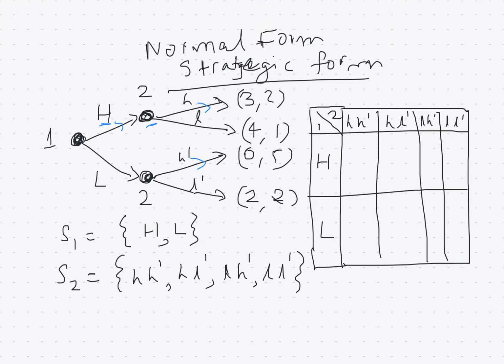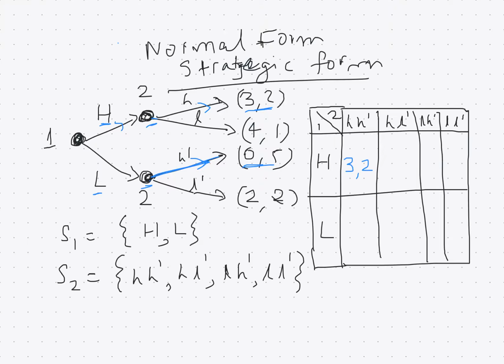Since this one is out of the path that we are considering, player 1 chooses high price and player 2 chooses high price, they will end up with a payoff of 3 to player 1 and 2 to player 2. And this payoff is irrelevant here because player 1 is not choosing L here, and therefore this node will not be reached. But this is just what player 2 would have done had this node been reached, right? So contingency plan, basically. So this is immaterial here. So you just write 3 and 2.